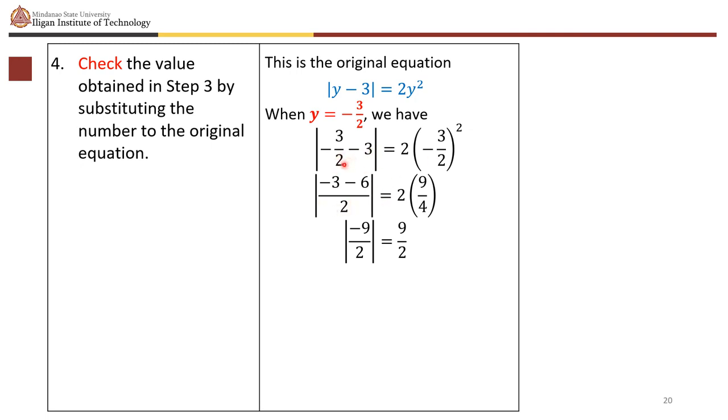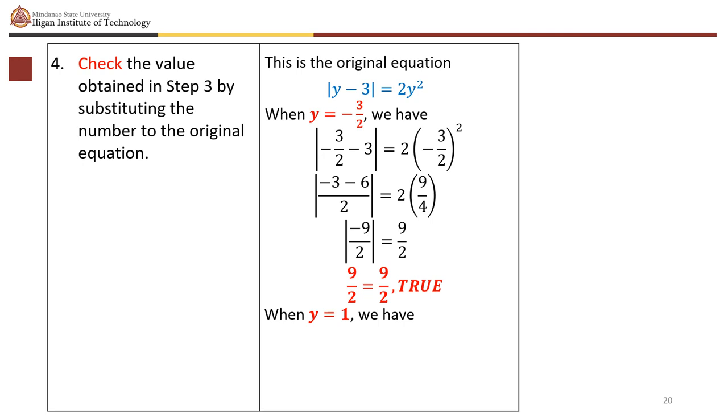The LCD here is 2, that's why you have minus 6 here, because that's 2 times 3. 2 times negative 3 will give us negative 6. So the result here is negative 9 over 2. On the other side, you have 2 times the square of this, which is 9 over 4. We have 9 over 2 there. Now this is true, so y equals negative 3 over 2 is actually a solution.